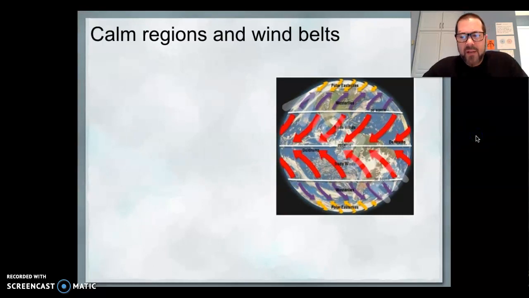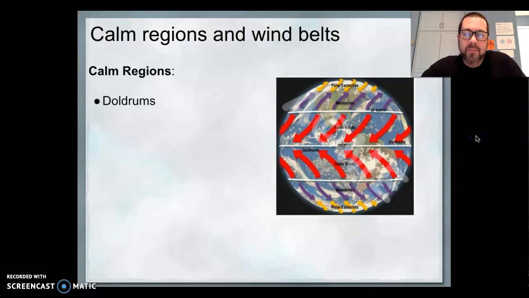Before we talk about the actual wind belts, we're going to focus on the calm regions that separate them. All right, so there are two what we call calm regions of the planet. The doldrums is the first. Now, if you look here at this image, right along the equator, you see the south doldrums, the north doldrums.